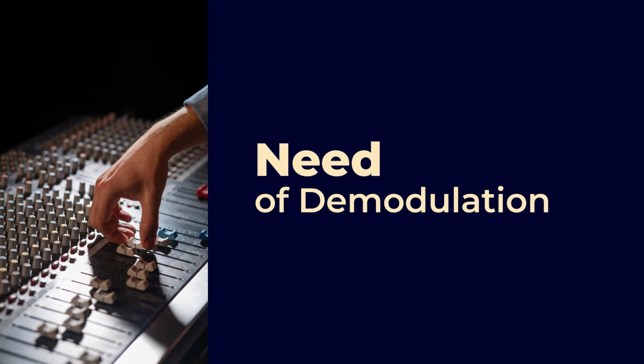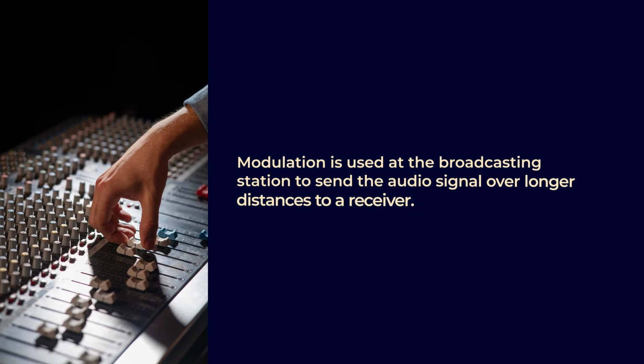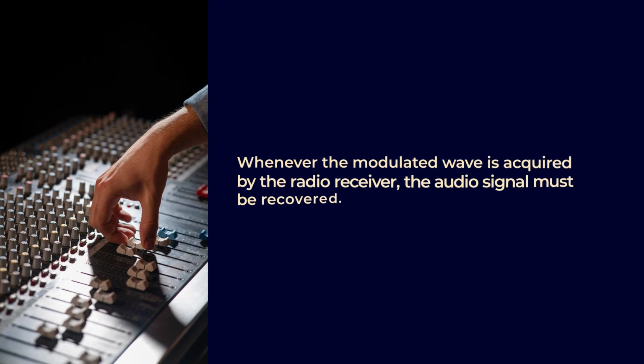Now, next we will see what is the need of demodulation. Modulation is used at the broadcasting station to send the audio signal over a longer distance to a receiver. Whenever the modulated wave is acquired by the radio receiver, the audio signal must be recovered.